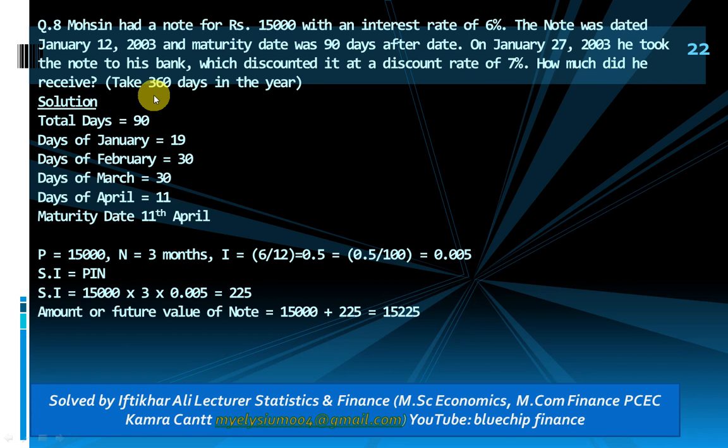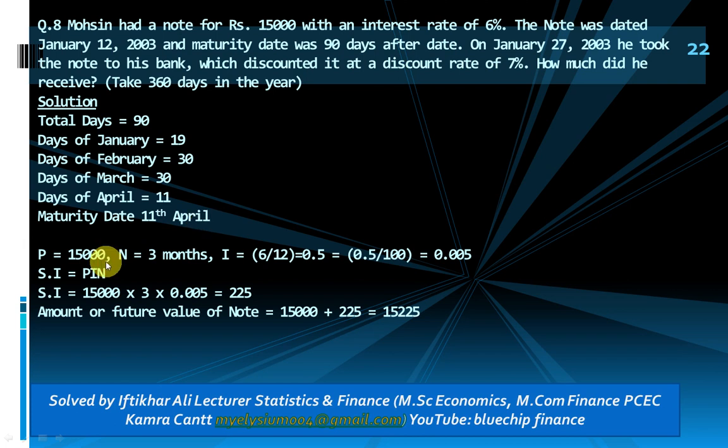So if it is written on 12 January 2003, the remaining days of January are 19, February days are 30, days of March are 30, and days of April are 11. So the due date, the maturity date, will be April 11th.